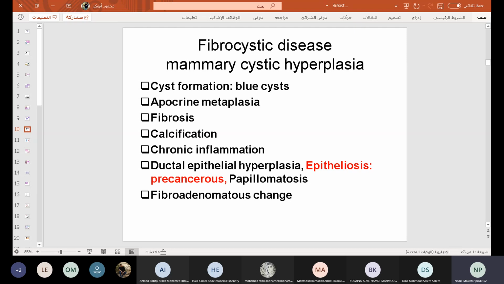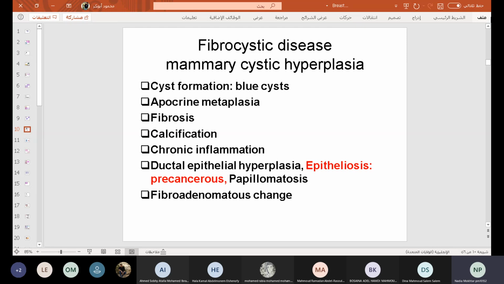And from the name again, you can expect that it is a disease with cysts, with fibrous tissue, and with some epithelial component. So there is duct formation, and these ducts, when they are enlarged inside the breast, form what's called blue cysts, because there is tension fluid inside, so it reflects the color as if it is blue.